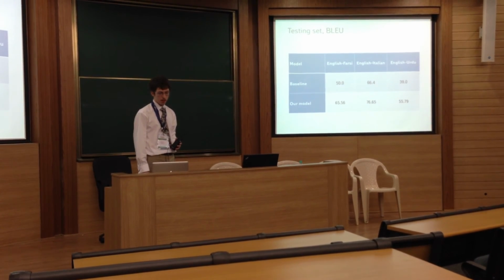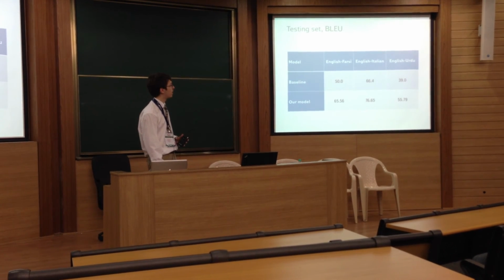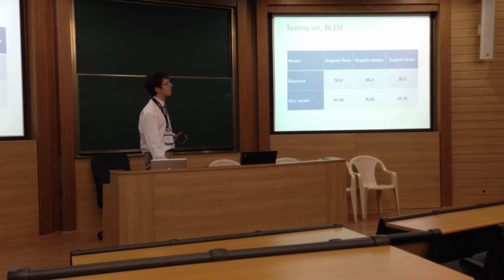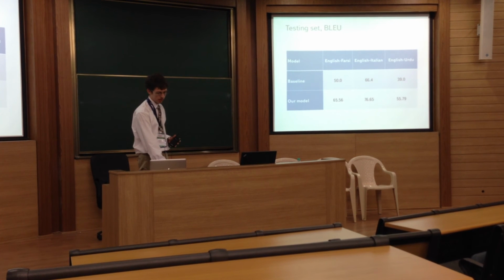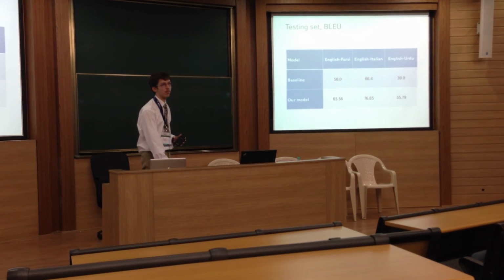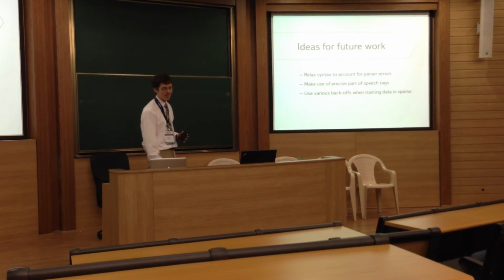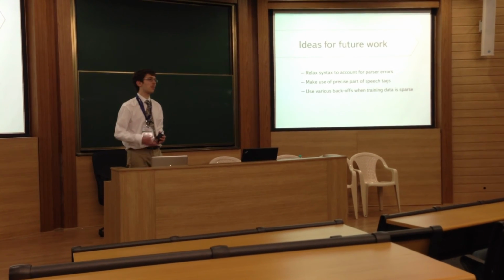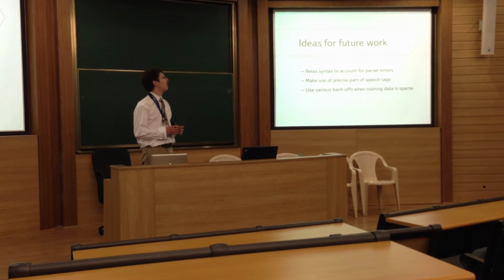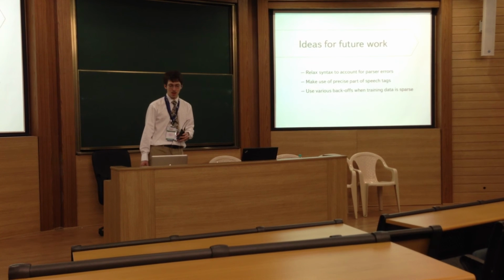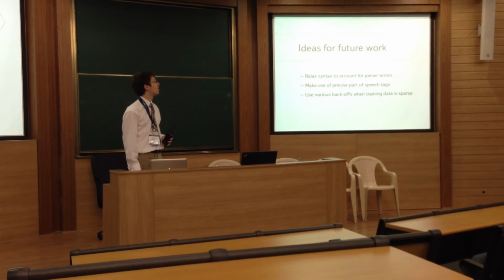Still, there are some ways to improve because, due to time constraints, we couldn't implement all the ideas we had. Those would be ideas that I would suggest if anyone would like to do this themselves.